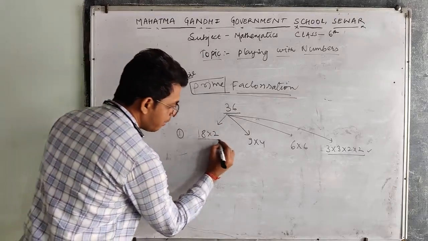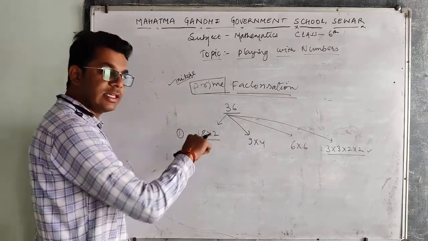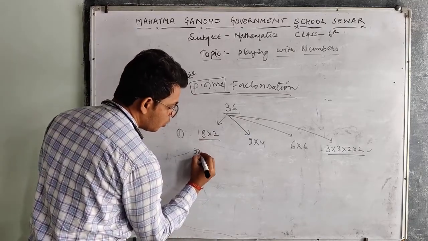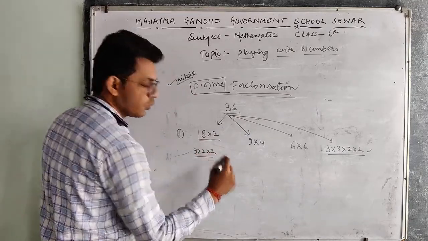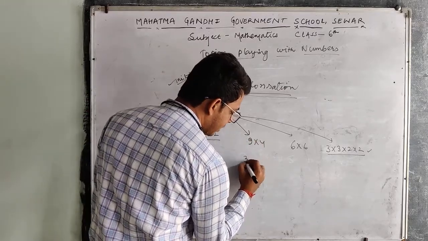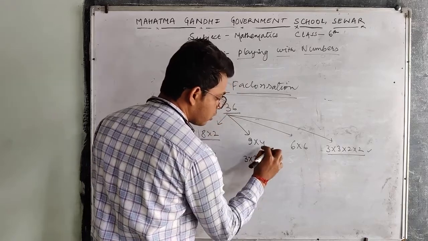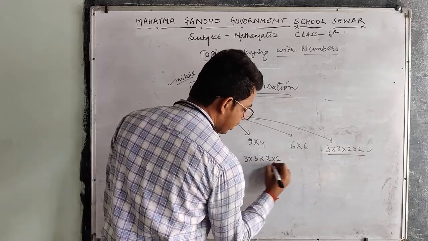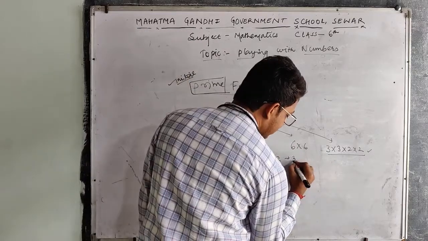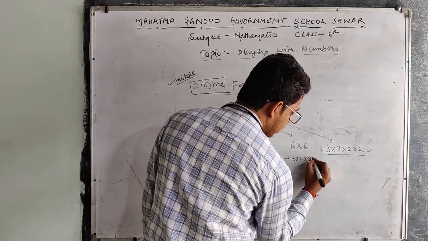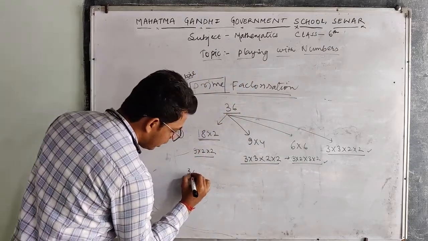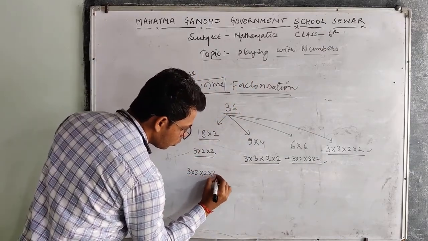If I factorize these numbers again into smaller numbers, 9 becomes 3 into 3, and 4 becomes 2 into 2.